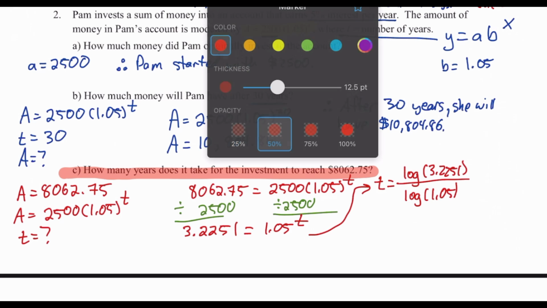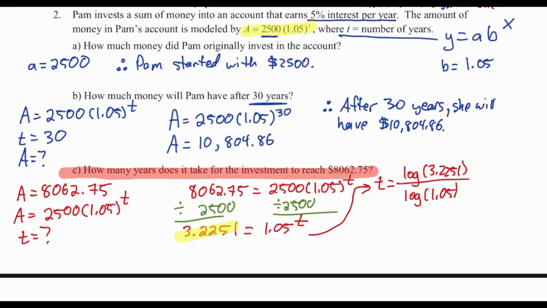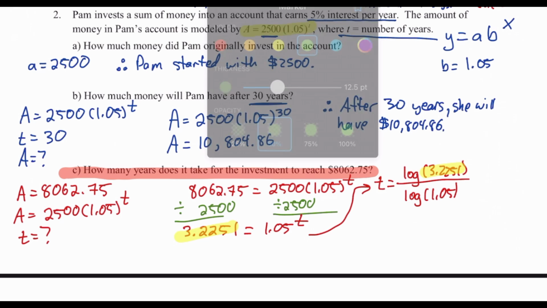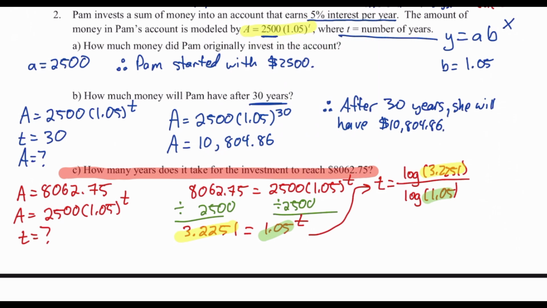So this number is going on top. This number is going on the bottom. And let's plug this in our calculator and solve. So log 3.2251 divided by log 1.05 gives us 24.000000.